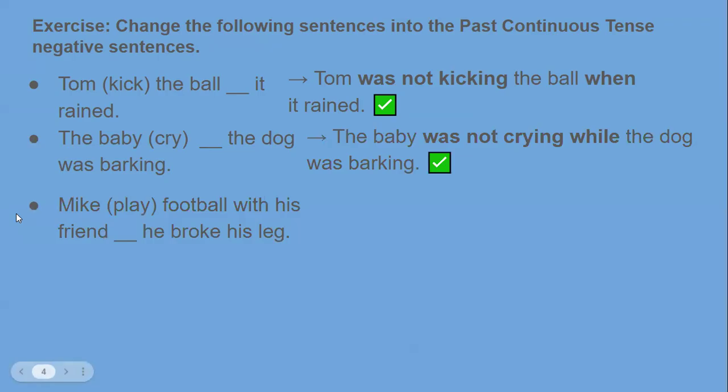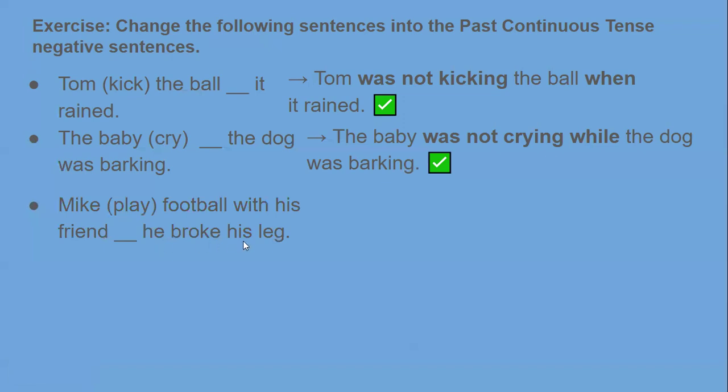Next up, Mike played football with his friend, he broke his leg. Mike, it's a he, and so we need to use the past verb to be, was, and make it negative by putting not, and we put an ing at the end of the verb.